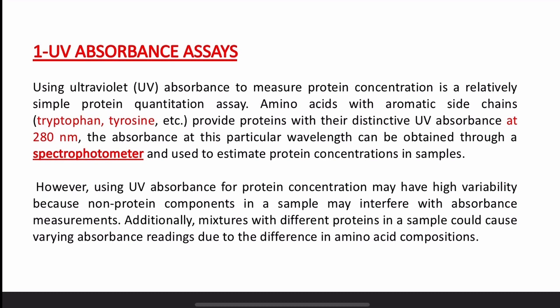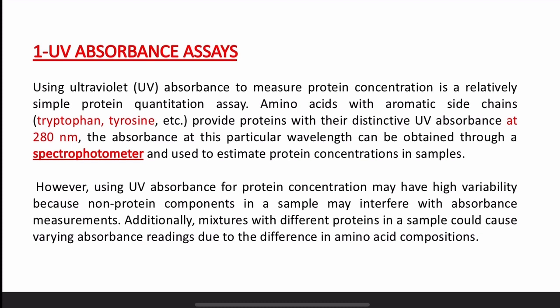Using the ultraviolet absorbance to measure the protein concentration is a relatively simple protein quantitation assay. Amino acids with aromatic side chains such as tryptophan and tyrosine provide proteins with their distinctive UV absorbance at 280 nanometer.